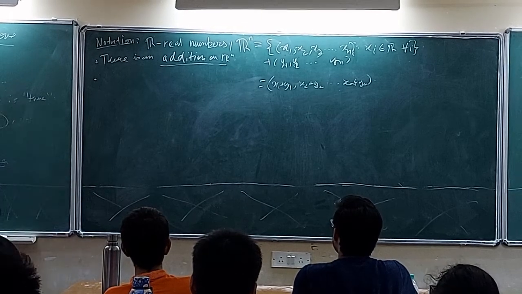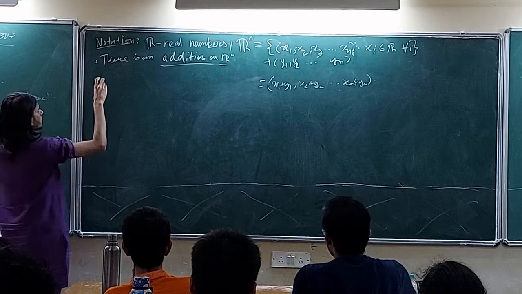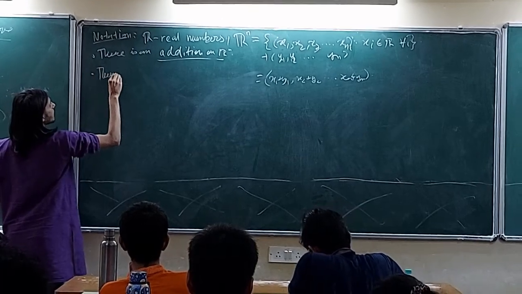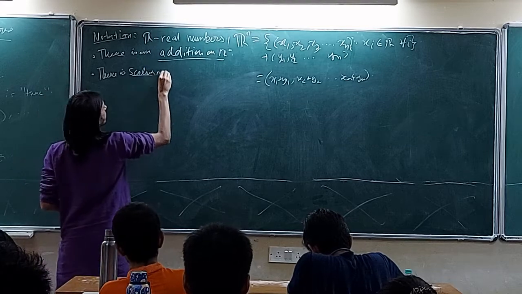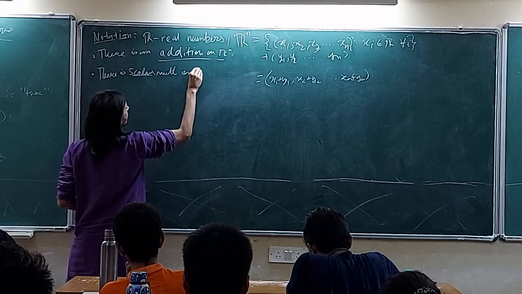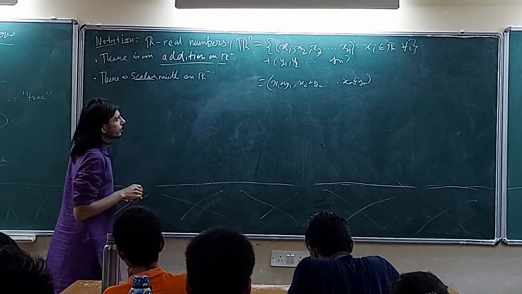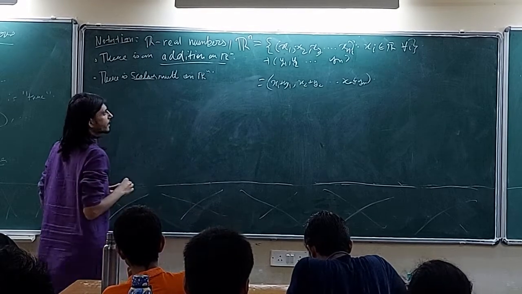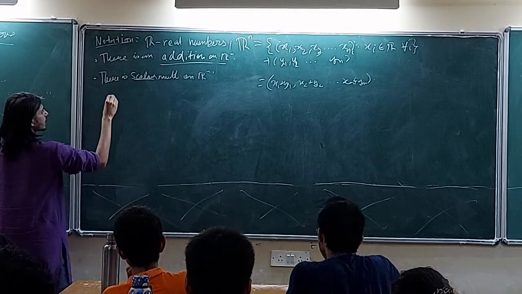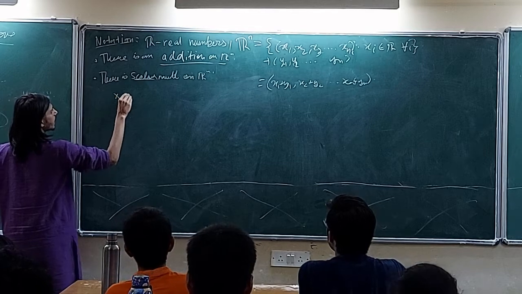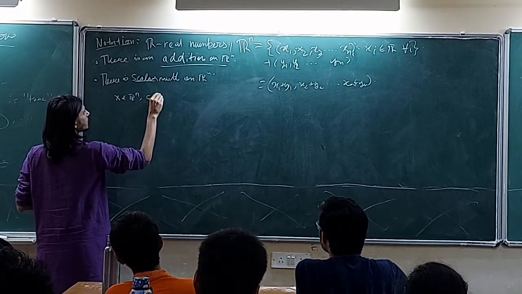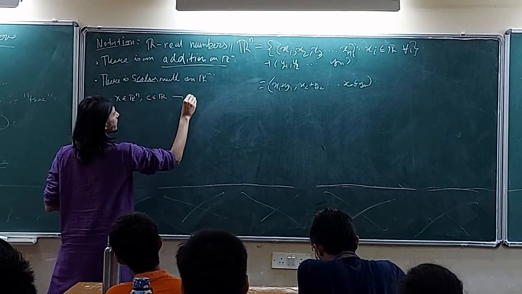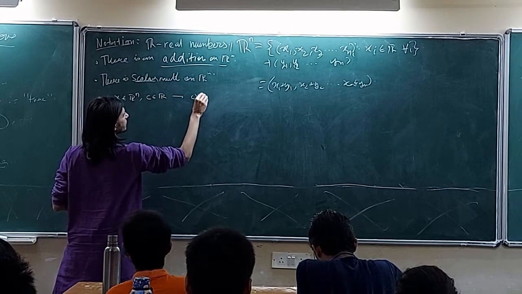Then what else is there? There is a scalar multiplication on Rn. So what does that mean? If you have x in Rn, you can multiply it with any c in R and get cx in Rn.